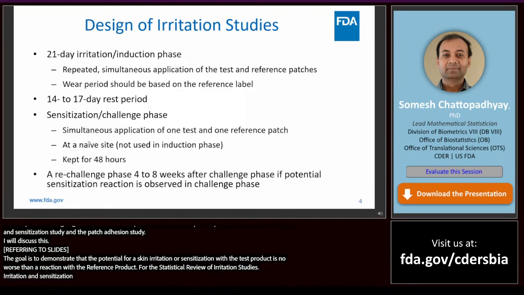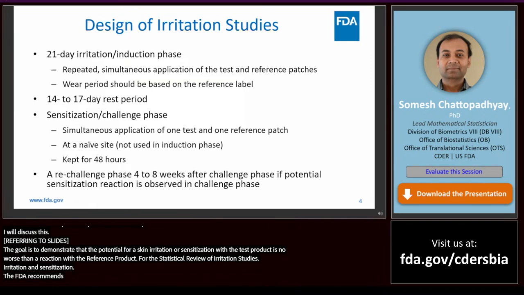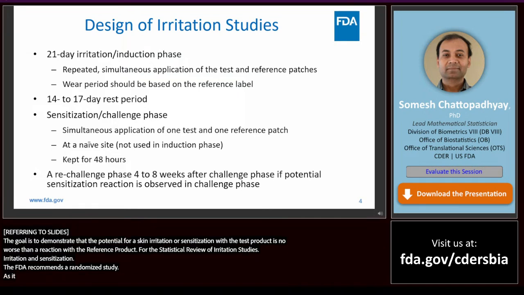FDA recommends a multi-center, evaluator blinded randomized study in healthy subjects. A skin irritation and sensitization study has two main phases: a 21-day induction phase where skin irritation is evaluated and a challenge phase where sensitization is evaluated.